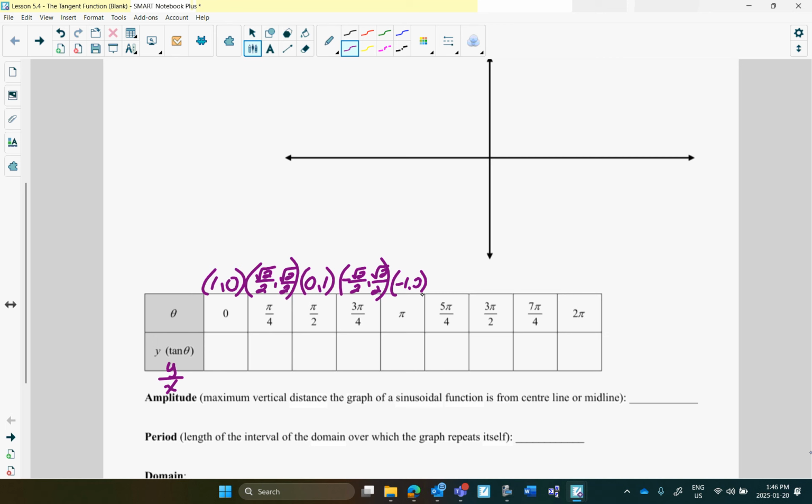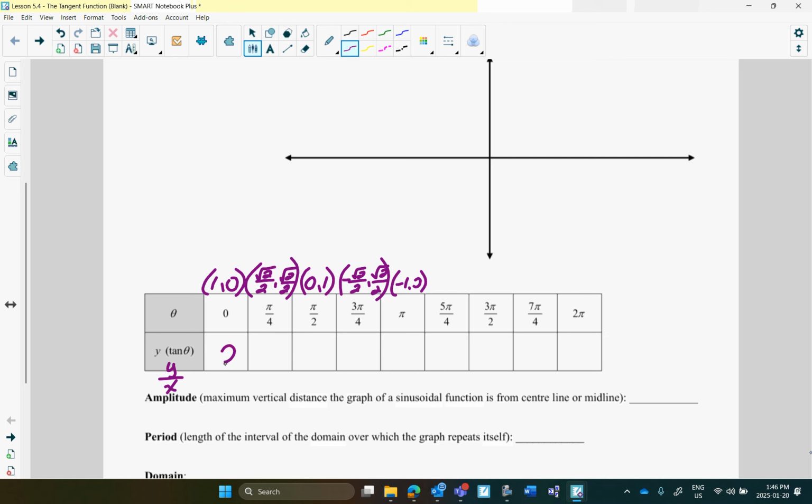Well, y divided by x. What's 0 divided by 1? 0. Next, 1 divided by 0: undefined. Then negative root 2 over 2 divided by root 2 over 2 is negative 1. Then 0 again.